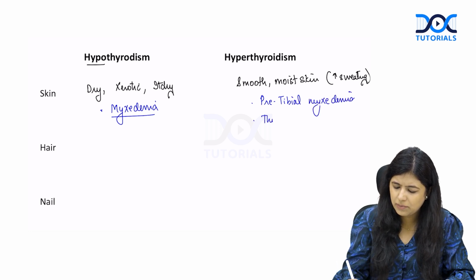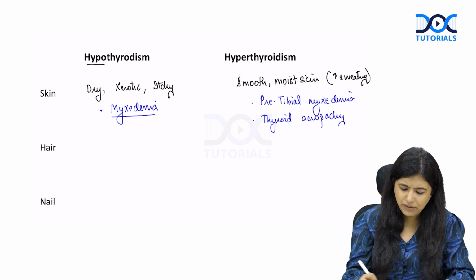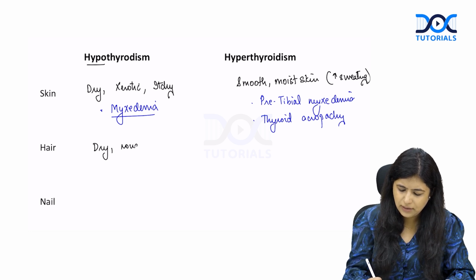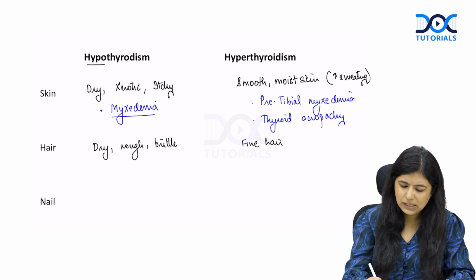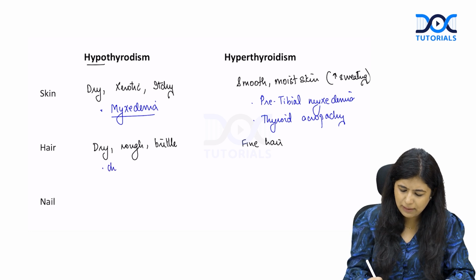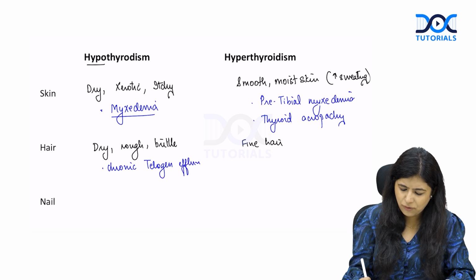Along with that, there may also be thyroid acropathy. Now, the hair in hypothyroid patients become dry, rough, and brittle, while in hyperthyroidism, these are fine hair. Specific conditions in hypo may be associated with chronic telogen effluvium.